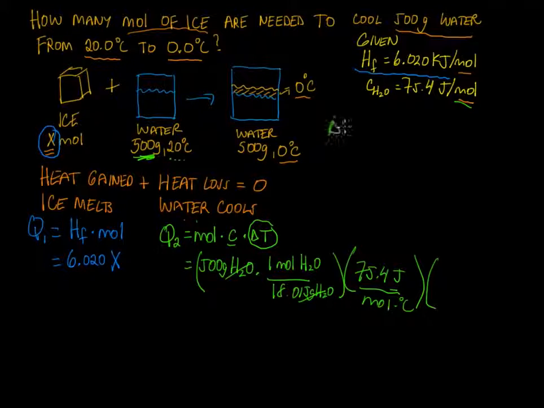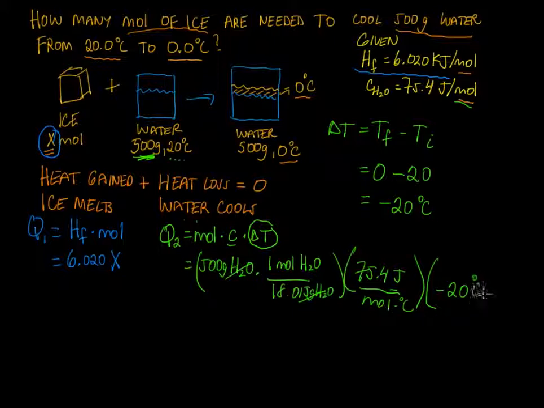What you need to remember is that the change in temperature is always final temperature minus the initial temperature. Look at the arrow. This is the final temperature, which is 0, and the initial temperature is 20 degrees Celsius, the room temperature water. So what we have here is actually minus 20 degrees Celsius. You need to pay attention to your signs here just for the delta parts.